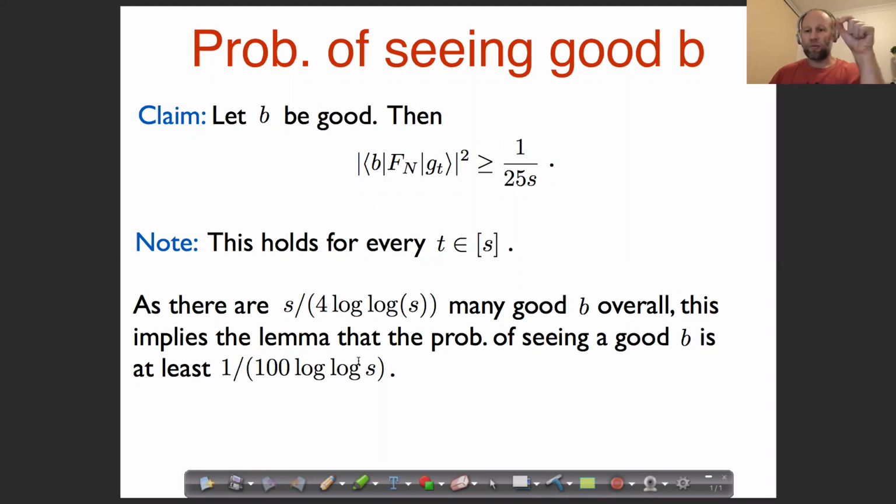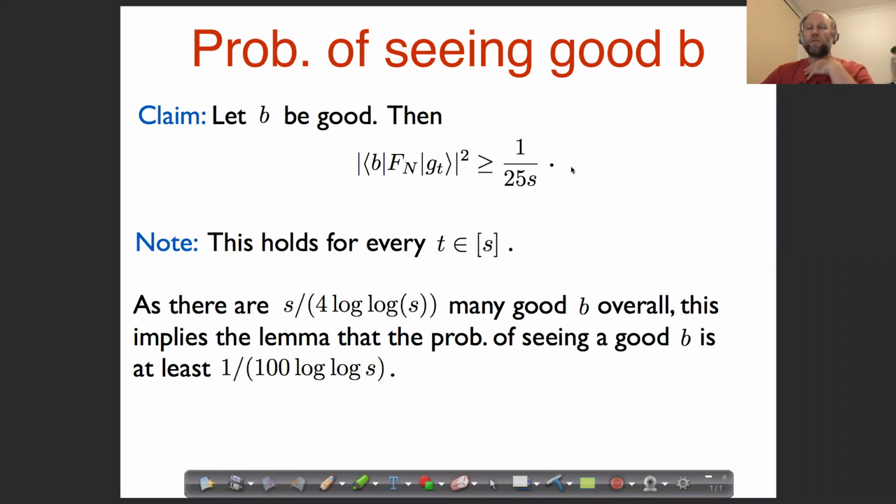So if the probability of seeing any fixed good B is at least 1 over 25S, and we know that the number of good B's is at least S over 4 log S, then overall the probability of seeing a good B is at least 1 over 100 log S. Again, that's the lemma that we wanted to show.